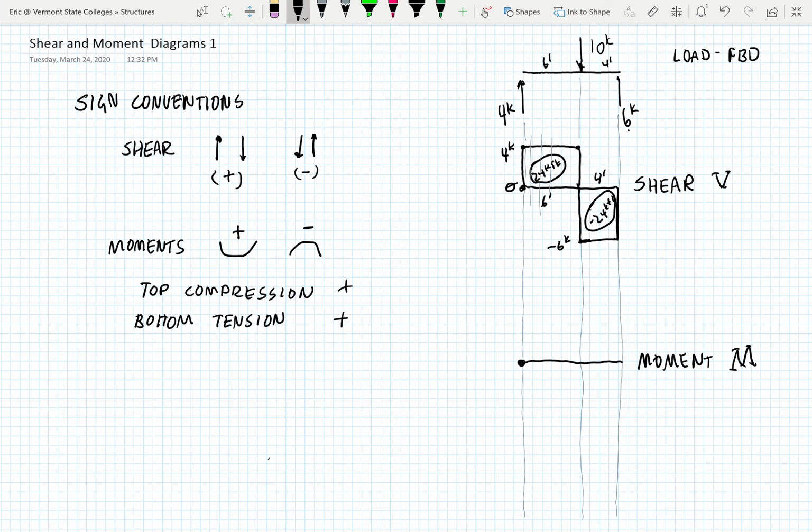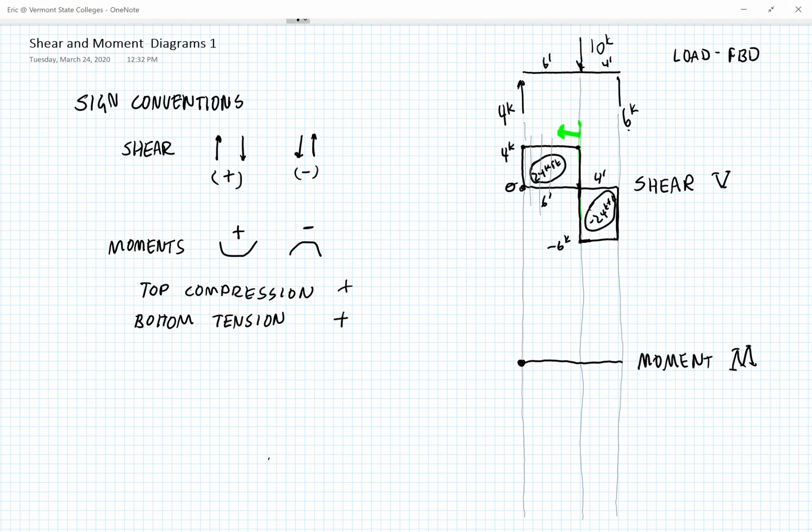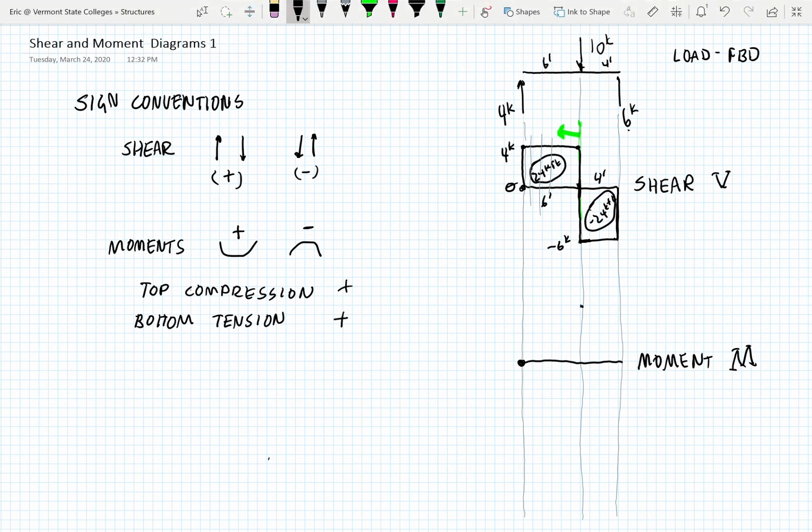Then when we get to this point, the area of the shear diagram to the left of this point is 24 kip feet. So we're going to graph 24 kip feet. For every foot, it goes up 4 kip feet, in a straight line. So we're going to draw a straight line because it goes up uniformly. And this is going to be 24 kip feet.